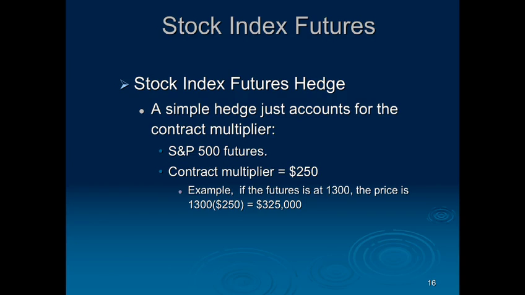A lot of the time, particularly with stocks that I'm going to be showing examples of, there are not individual share futures contracts for the underlying. Unlike options, where you have a large number of options on individual shares, this is not the case with futures.